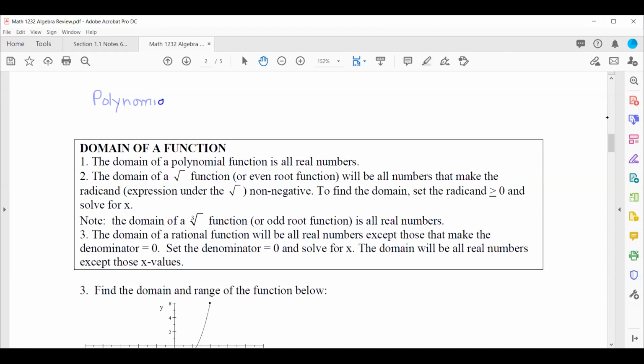Okay, a polynomial in general, the variables have positive integer exponents.